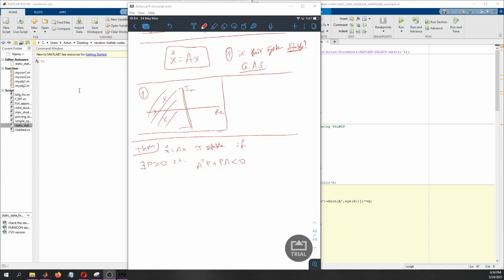If we have that kind of P, that implies the given dynamical system is stable.